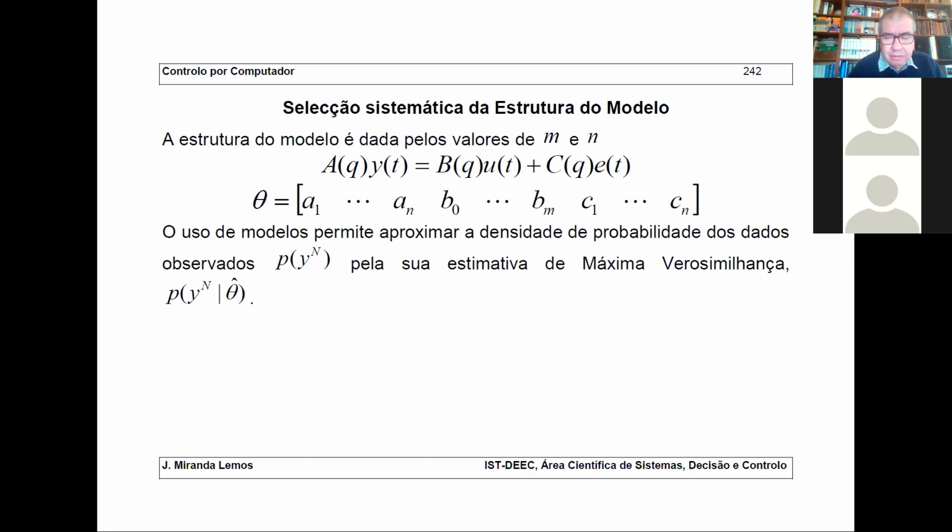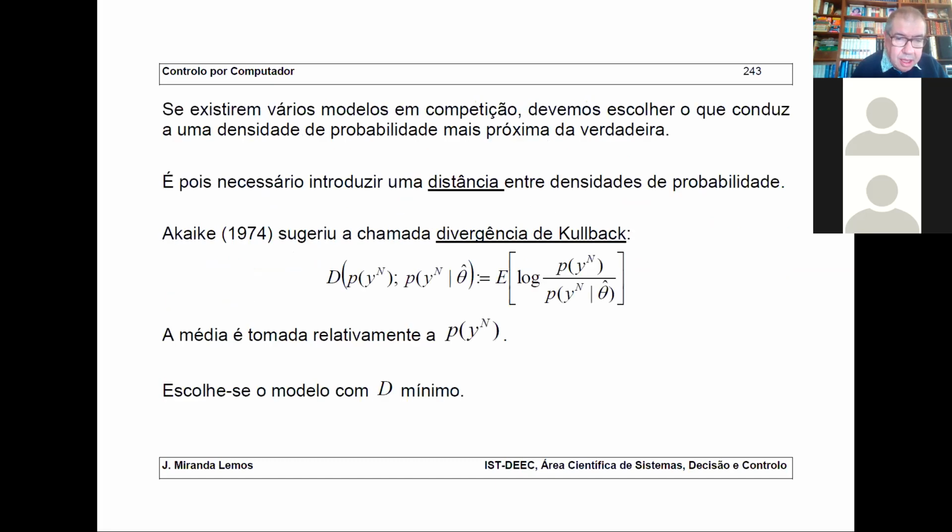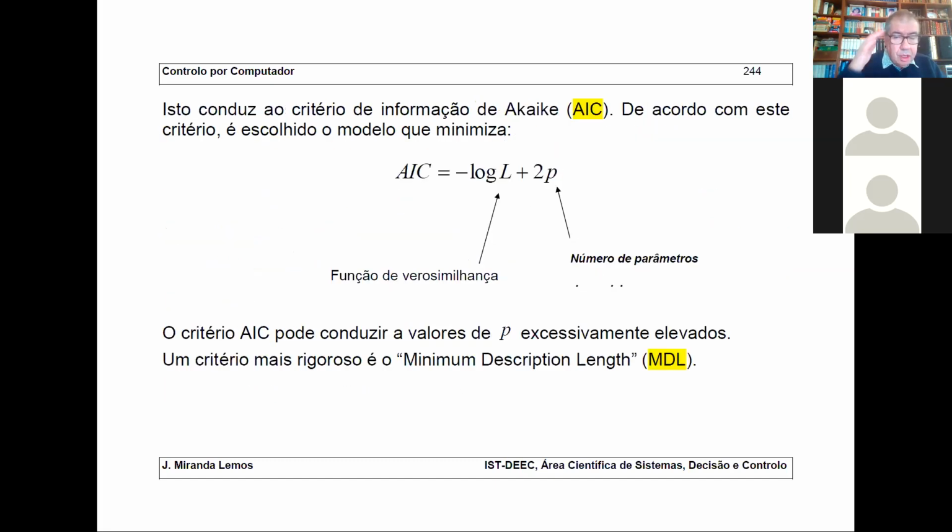Usually you need a lot of simulations and testing with the data. But there are systematic ways of finding the values of M and N. And one of them is the so-called Akaike information criterion.